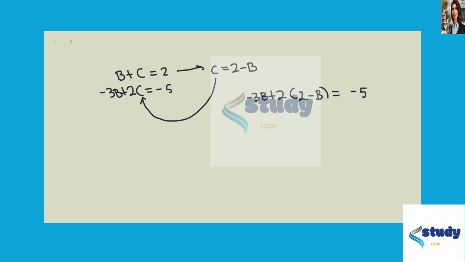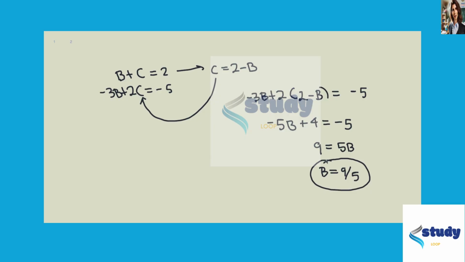So let's solve this for B. We'll have minus 3B, and then minus 2 more B, that's minus 5B, and then we have a plus 4. So add the 5 to the left, and push the 5B to the other side. And then we see B is just 9/5.